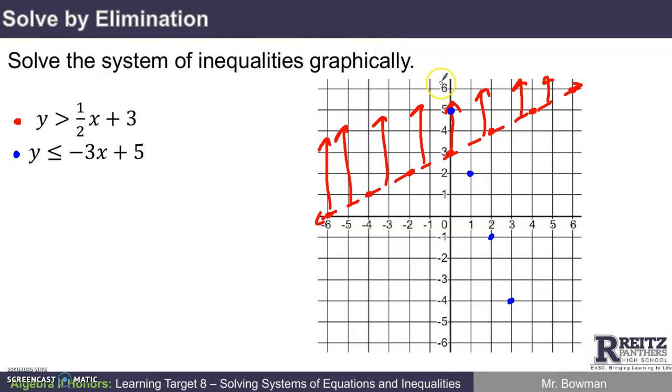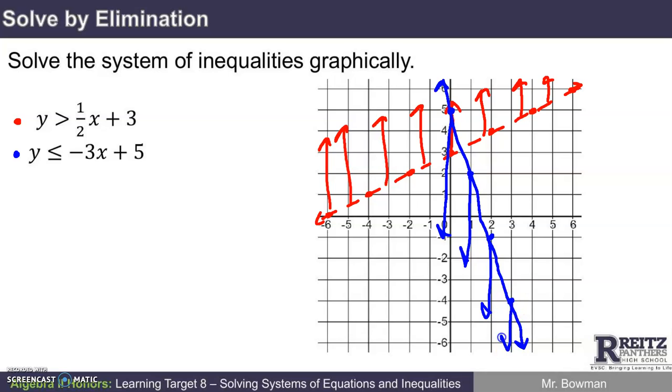Let's try that again. Third time. There we go. Which way should I shade to solve this? Well, if I let x be 0, I need y is less than 5. I need all the stuff this direction.